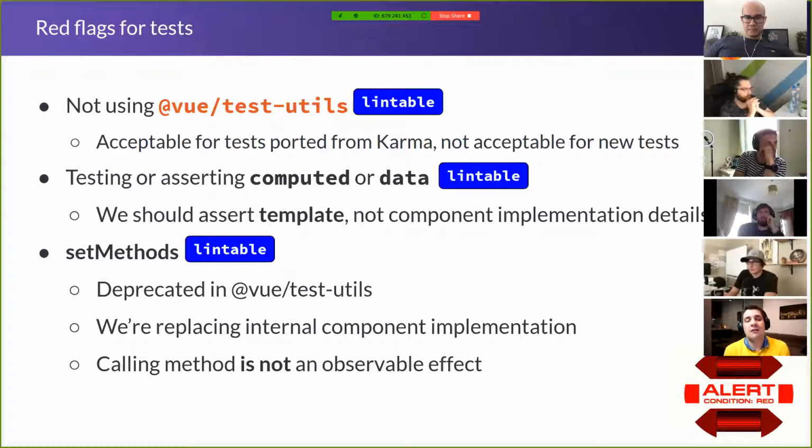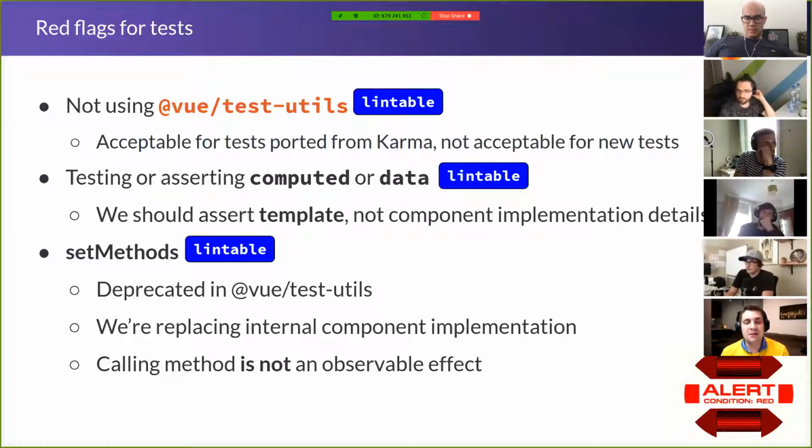Another very red flag is calling setMethods, which is deprecated in Vue test utils. It's already a blocker for us updating to version 1.0.0. And when you're using setMethods, you're actually replacing internal component implementation.